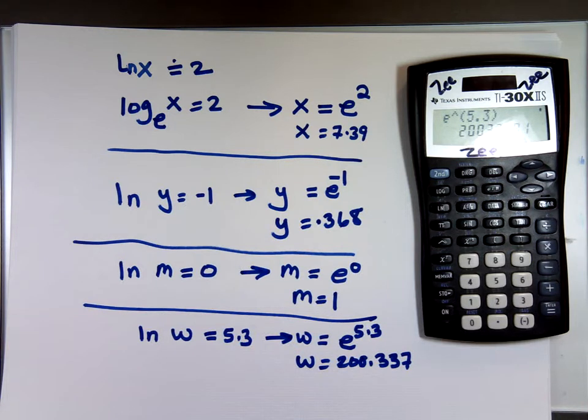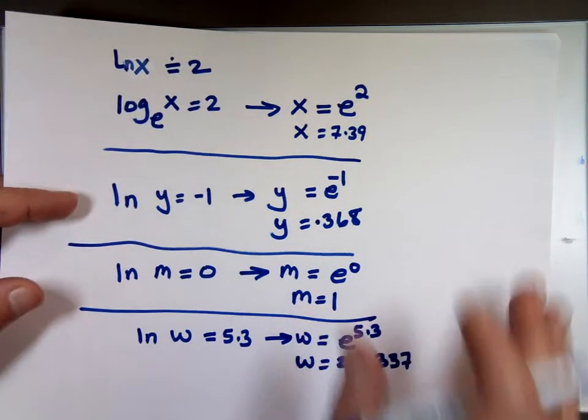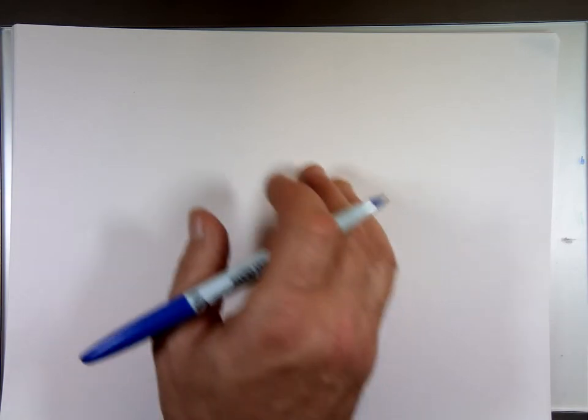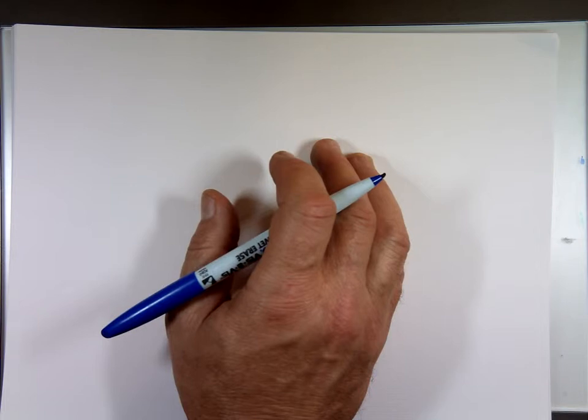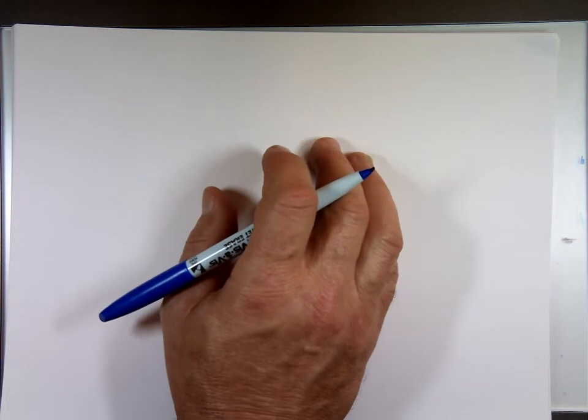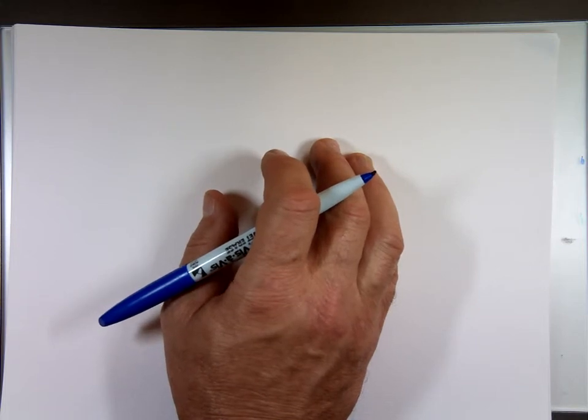I did. Oh, I just put, I didn't minus 1. Can't do the natural log of negative 1, but you can do e to the power.